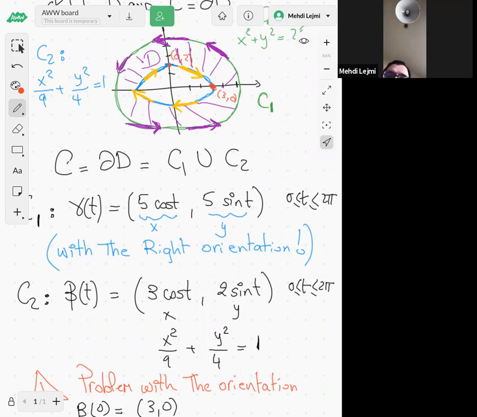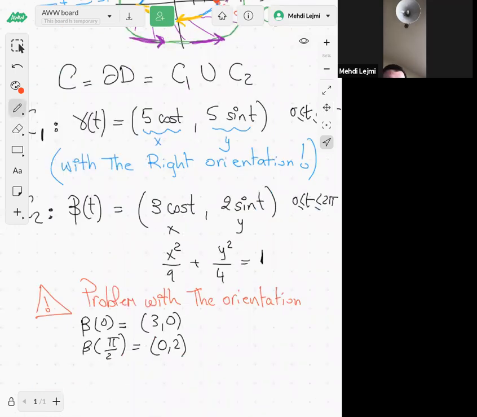You need to move from (0, 2) to (3, 0); that would be the clockwise rotation. So there's a problem with this parameterization, because the induced orientation is not the one required by Green's theorem.